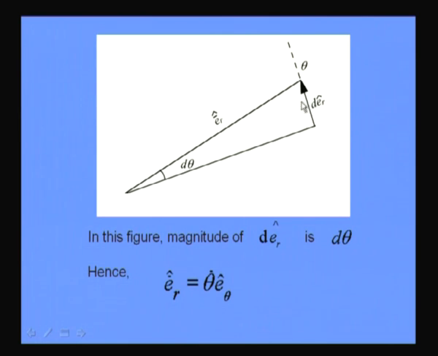So, in this figure, the magnitude of d Er is nothing but d theta, because these are unit vectors, so unit length into d theta. Hence, if we take the derivative, der by dt will be d theta by dt, that is theta dot, and the direction is along the theta direction.